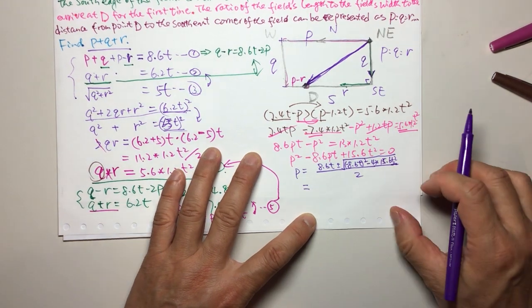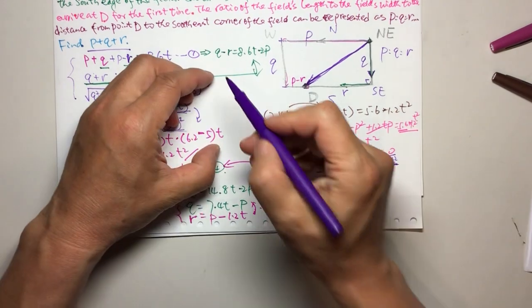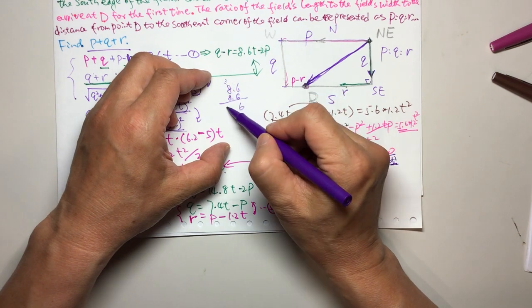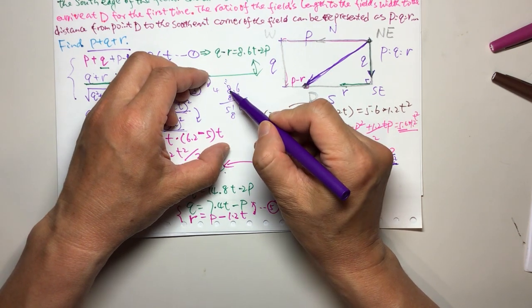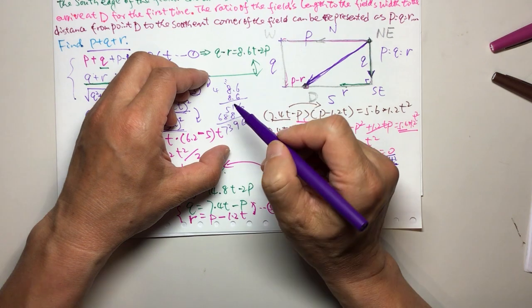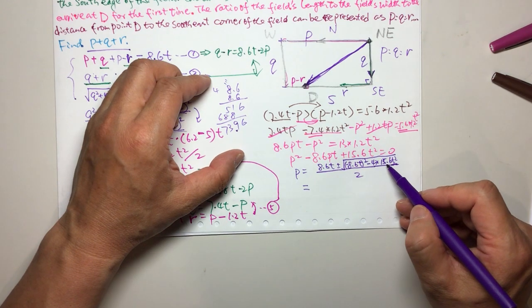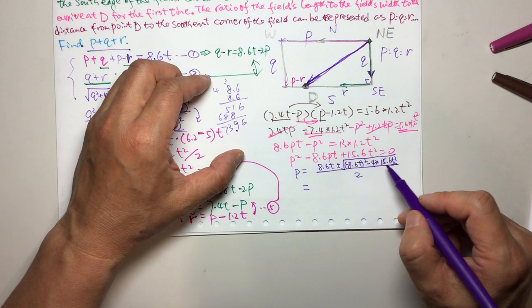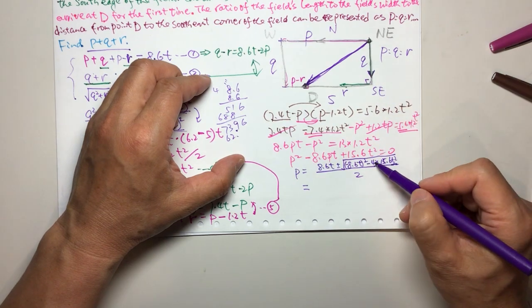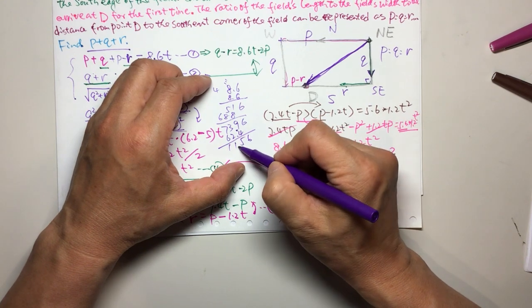Now we can calculate this. 8.6 times 8.6 is 73.96, and 4 times 15.6 is 62.4. So the difference is 11.56.